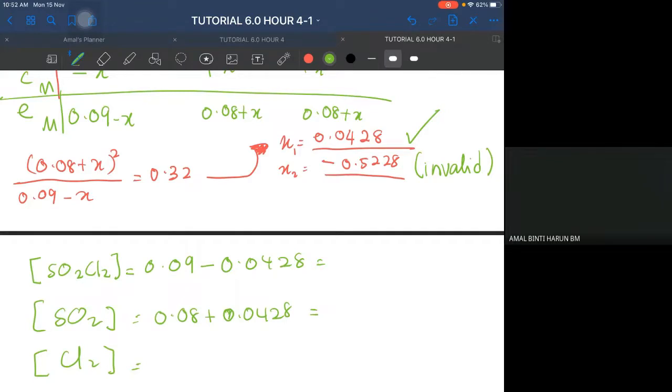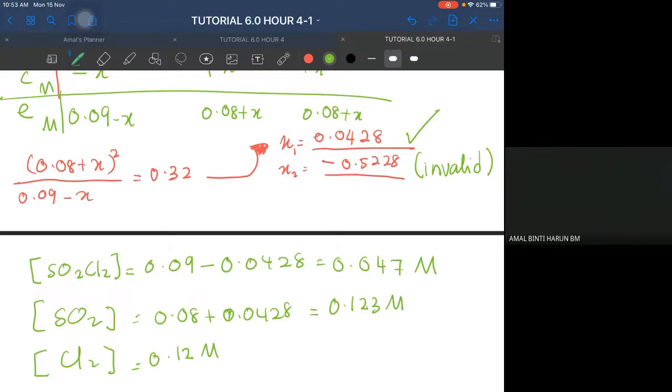Okay, tekan calculator. Ini dapat 0.047 molar. Tu tak? And this value is 0.08 plus 0.0428, 0.123 molar.